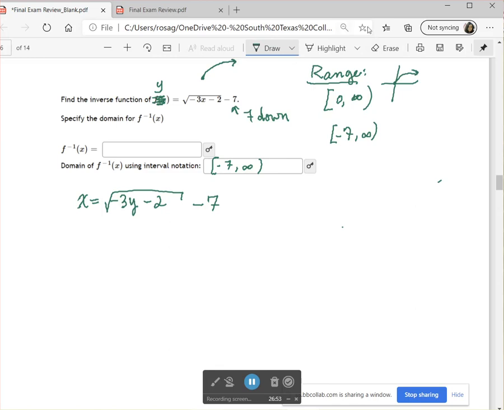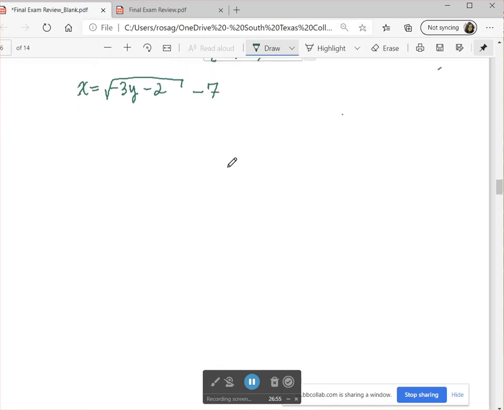Then is where all the algebra manipulation comes in that may take a while to do. I'm going to try to take it slow here, so just stop me if you have any questions on any of the steps. I'm trying to solve for y, so I'm going to leave the square root by itself first.